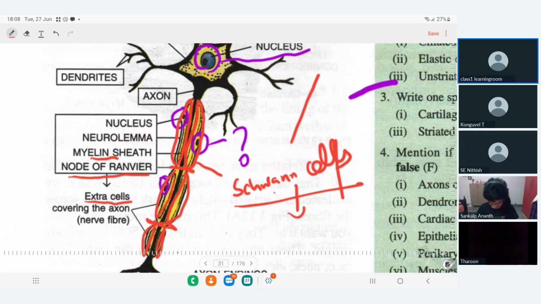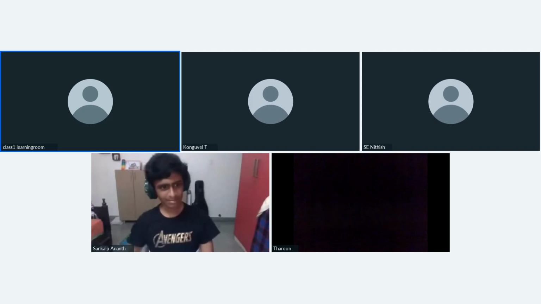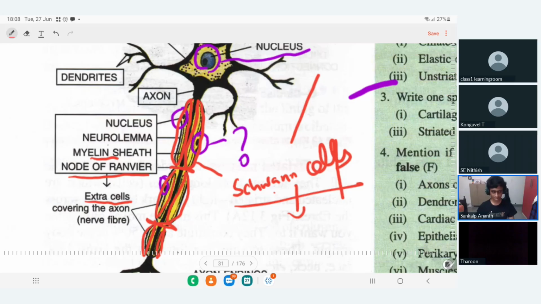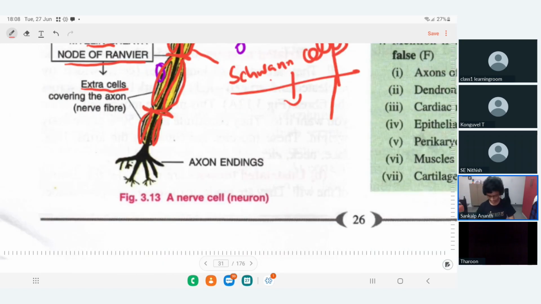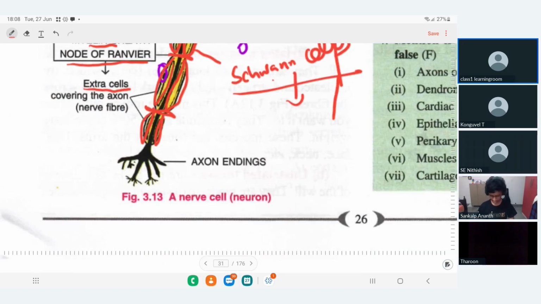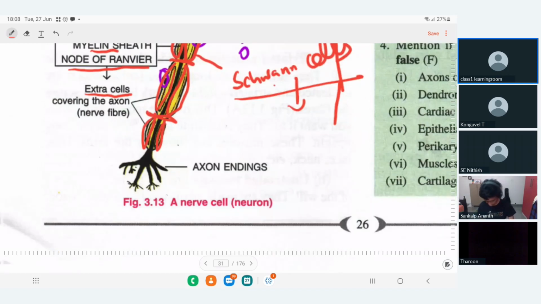You would have studied neurolemma and myelin sheath last year, very common thing. And they are what? Nerve endings or axon endings.